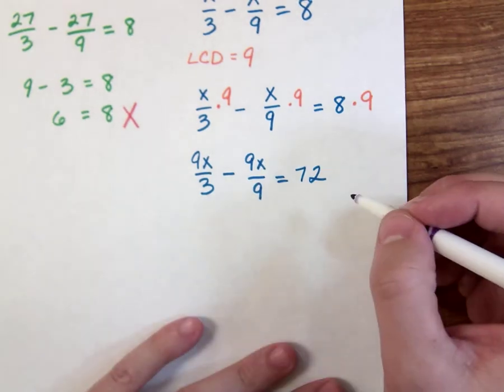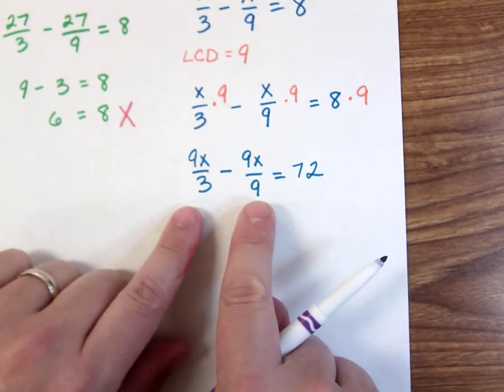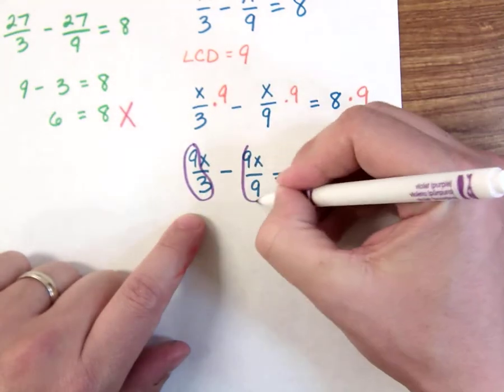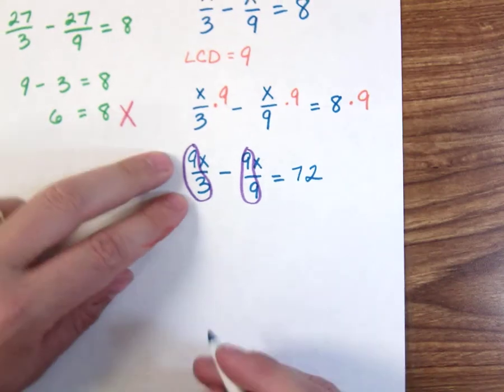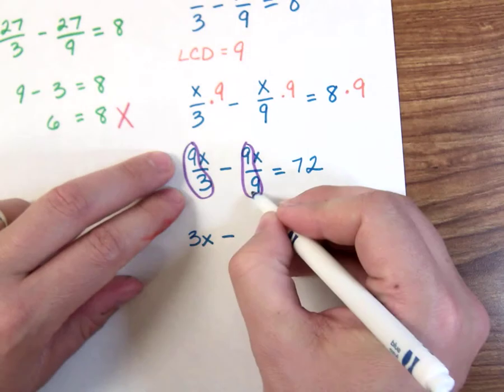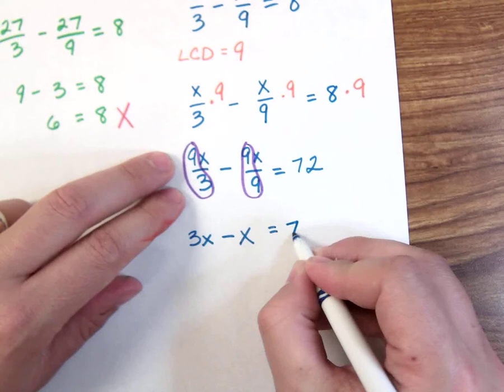By multiplying everything by 9, I have created, well, we had two fractions, but now I've created two fractions that can reduce. 9 over 3 can reduce, and 9 over 9 can reduce. So let's do it. What's 9 over 3? 3, so 3x minus 9 over 9 is 1, so 1x equals 72.